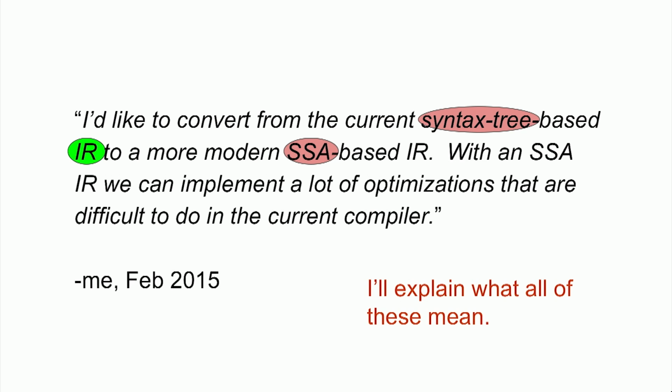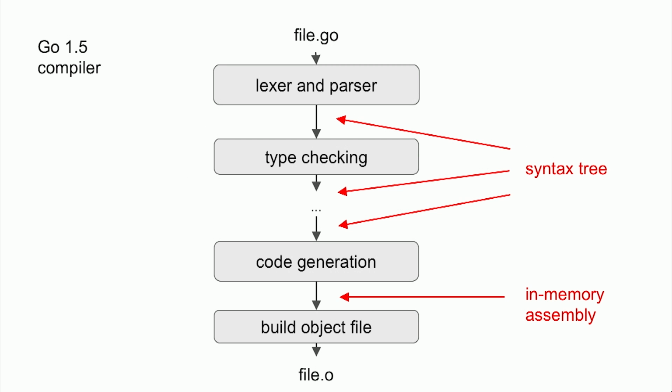And so that's what IR is in this quote. We're converting from a syntax tree-based intermediate representation to some other intermediate representation. In order to tell you what's going on there, I need to tell you what the Go 1.5 compiler does. It takes your Go code as input, parses it, and then uses what's called a syntax tree to represent your program in memory. All the phases of the Go 1.5 compiler used a syntax tree to talk from one phase of the compiler to the next.